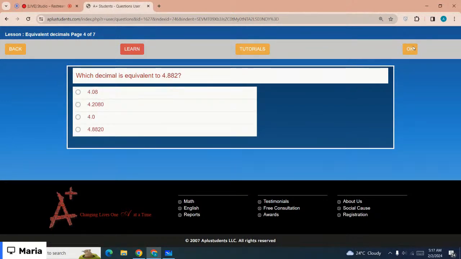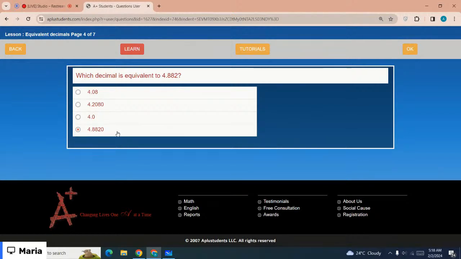Which decimal is equivalent to 4.882? Which is the correct option? The correct option is that is 4.8820.